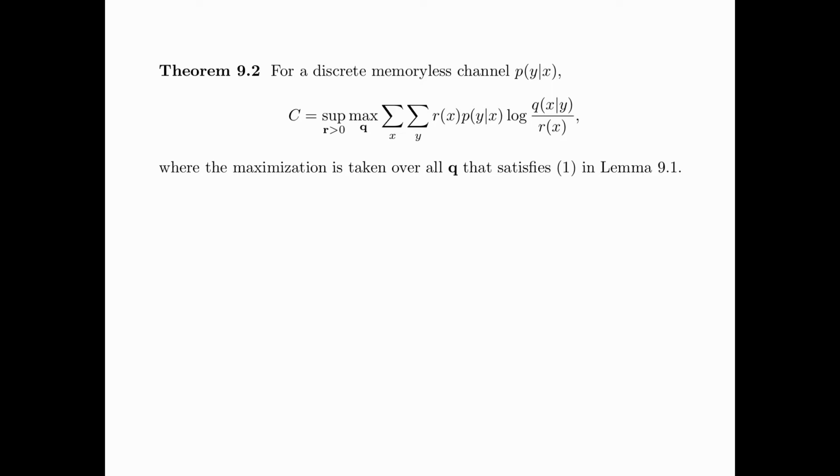Theorem 9.2 says that for a discrete memoryless channel p(y|x), the channel capacity is equal to the supremum over all input distributions R that are strictly positive, of the maximum over all Q of the summation over x, summation over y of R(x) p(y|x) log of Q(x|y) divided by R(x), where the maximization is taken over all Q that satisfies equation 1 in lemma 9.1.